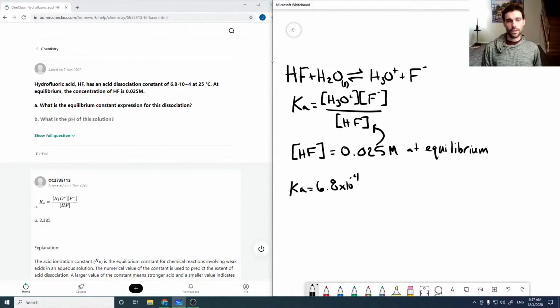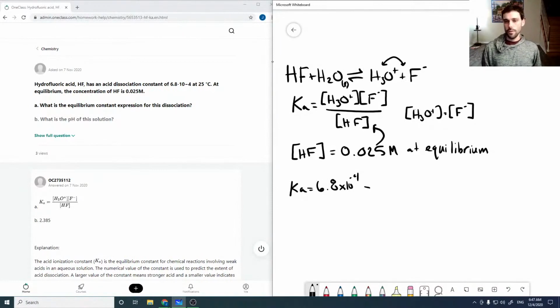And now we can solve for our H3O plus concentration by recognizing that this is a 1-to-1 ratio here. And so our H3O plus equals our F minus.